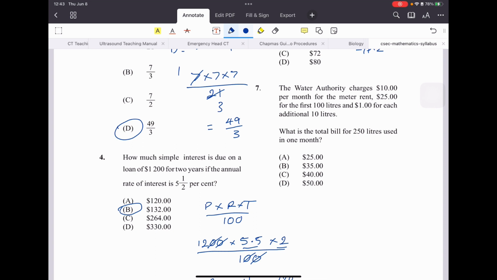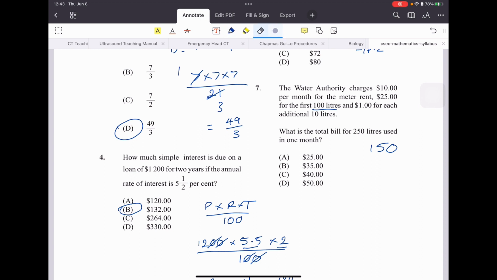The first 100 liters is going to cost you $25, so what we really need to find out is what the remaining 150 liters is going to cost, because you pay $1 for each additional 10 liters. It's not $1 per additional liter, that would be $150, but it's per 10 liters.